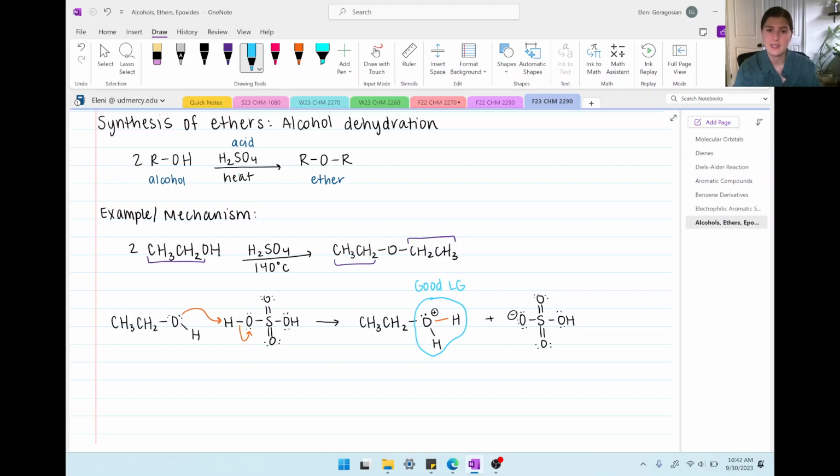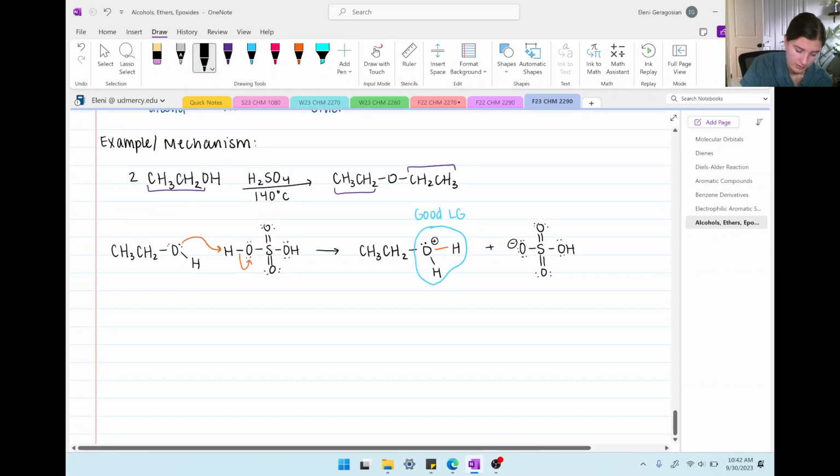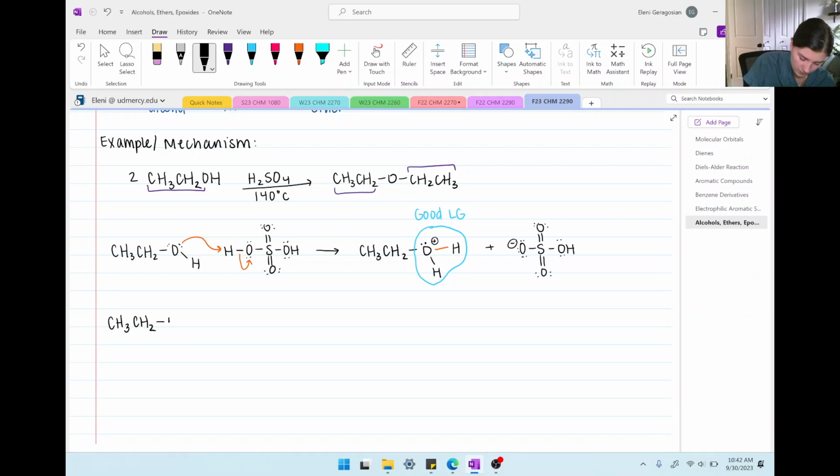But once the oxygen is still bonded to part of another molecule, that H2O is a good leaving group. So I'm going to redraw that protonated alcohol for this next step. We have a good leaving group.